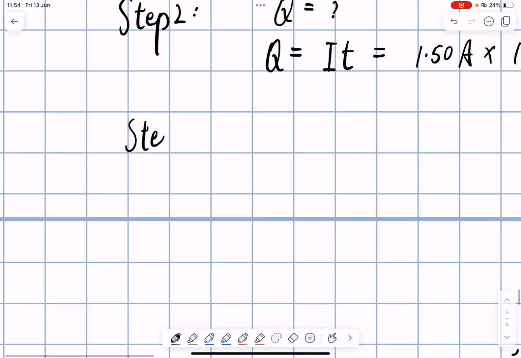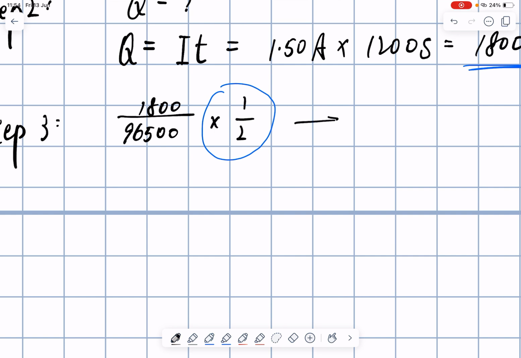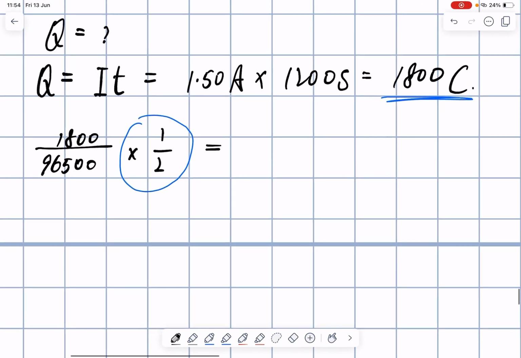We just use a fraction to evaluate it. And you can see we need 2 moles of electrons to reduce 1 mole of Pb2+, so we times by a half as the equivalence.